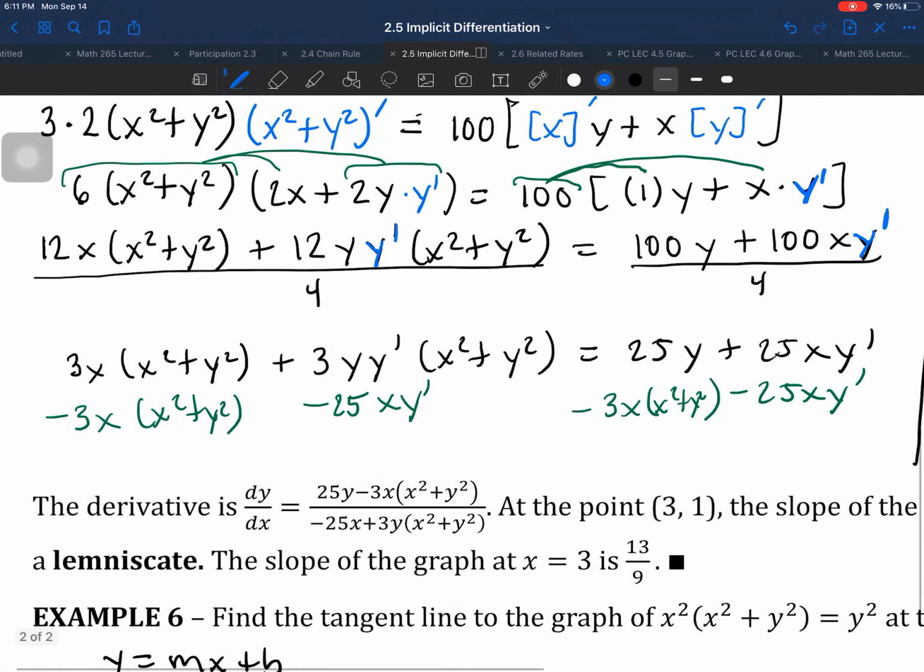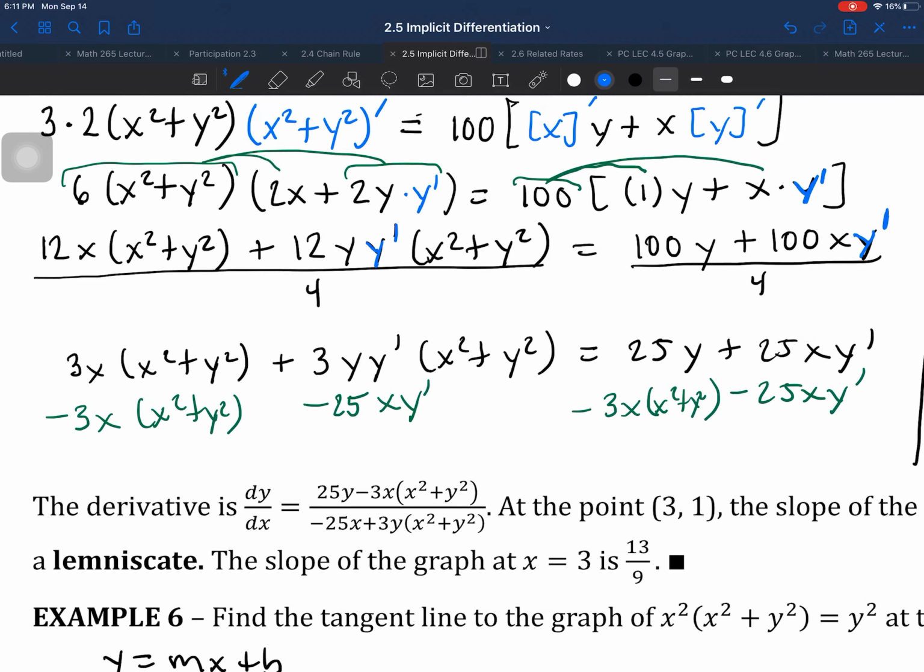Let's continue. I distribute this, and at this point we're pretty much done with calculus. Everything we're going to do now has nothing to do with calculus. It's all algebra. That's why I keep telling you guys, review your algebra.